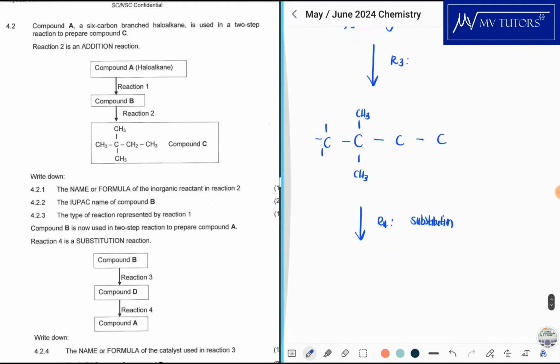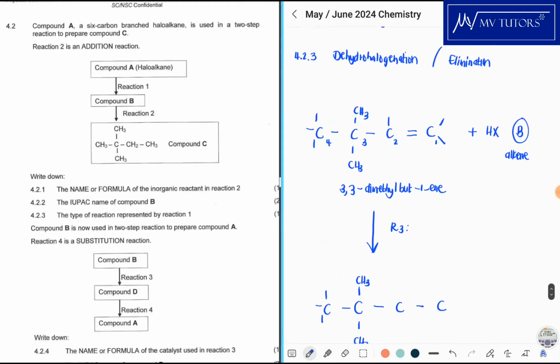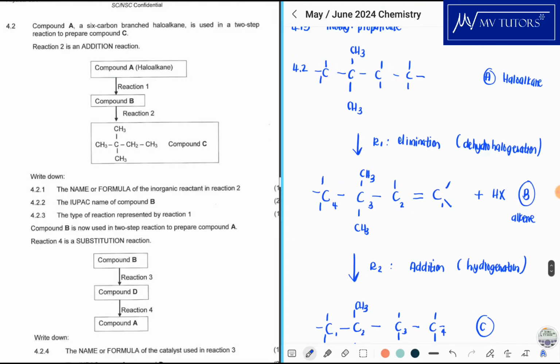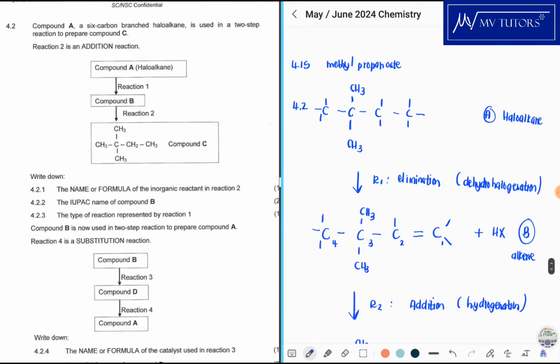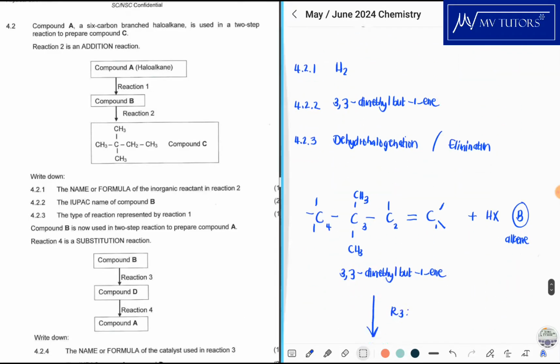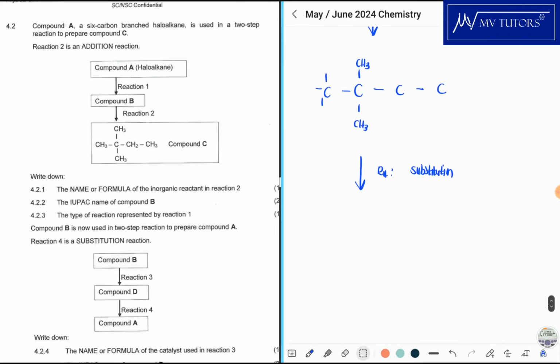Okay, if it's a substitution reaction, I think we have gotten rid. Okay, no, before we even conclude, what is reaction for compound A? So compound A, we are back to the haloalkane. And we have substitution.